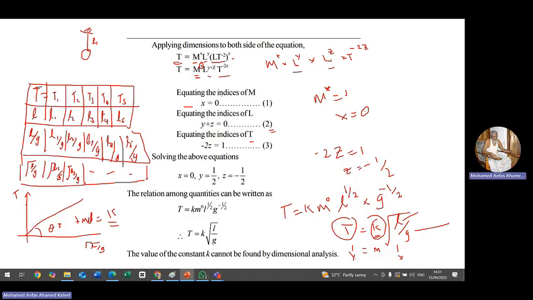But dimensionally, we cannot determine the constant K. So by dimensions, the derived formula is T is equal to K into root L over G. Okay.